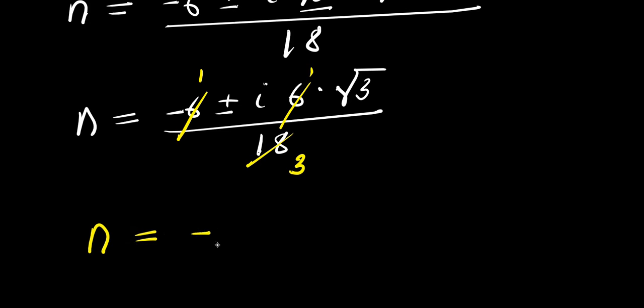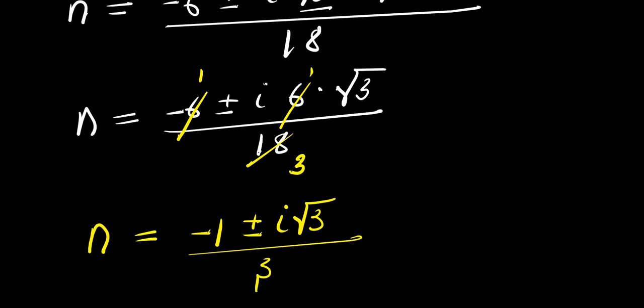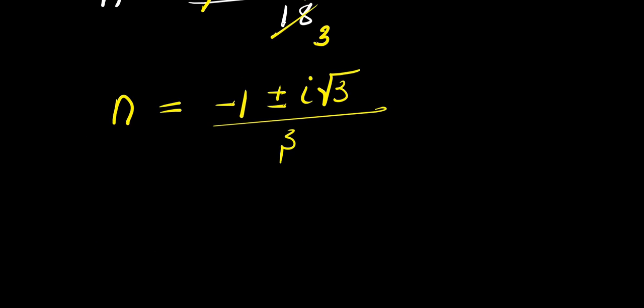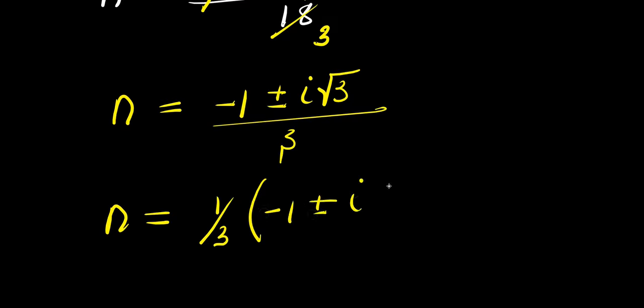We have n equals negative 1 plus or minus i times root 3, divided by 3. I can easily factor out 1 over 3 from here. I have n equals 1 over 3 of negative 1 plus or minus i root 3.